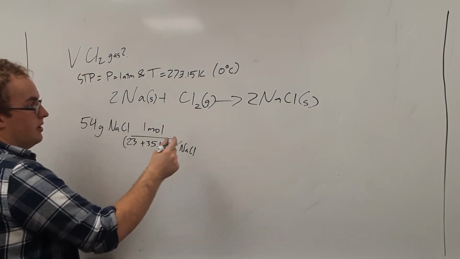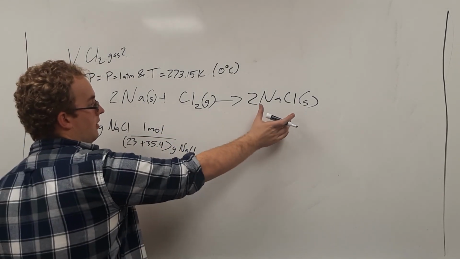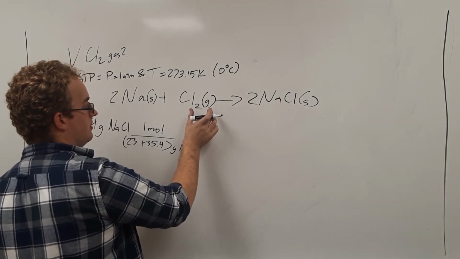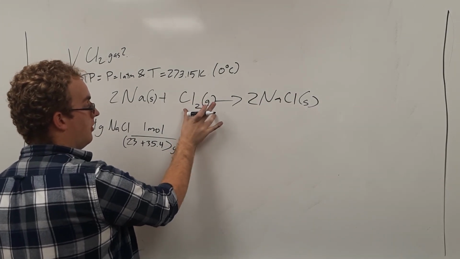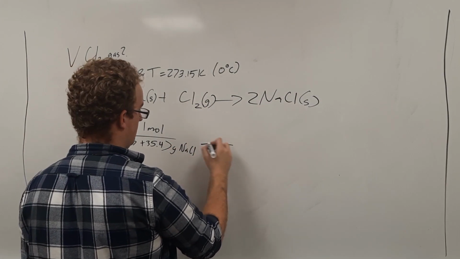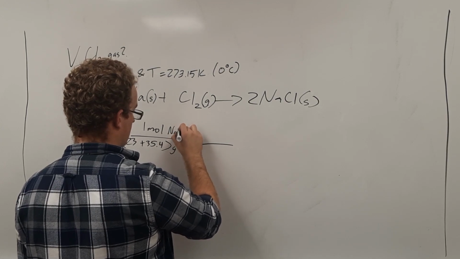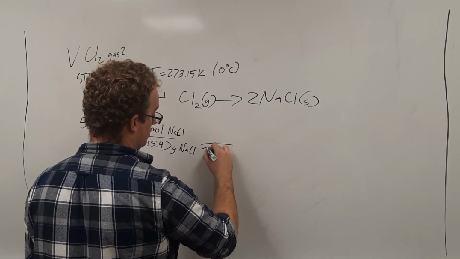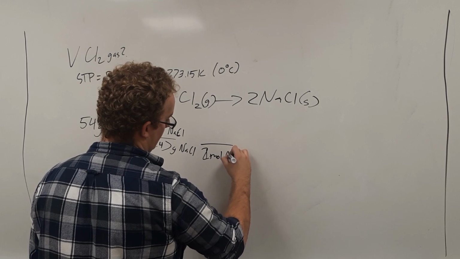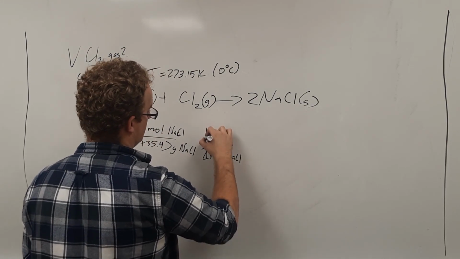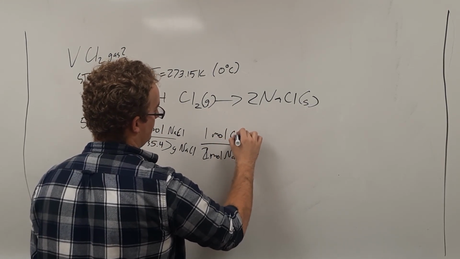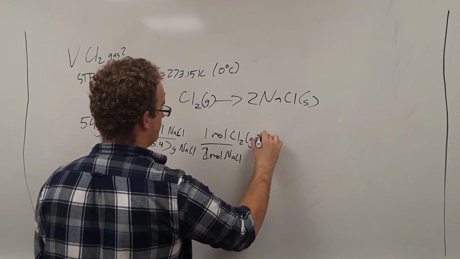And now we use mole ratios. So 2 moles of sodium chloride will come from 1 mole of Cl2 gas. So 2 moles of NaCl give us 1 mole of Cl2 gas.